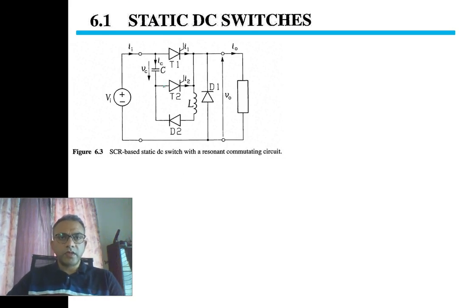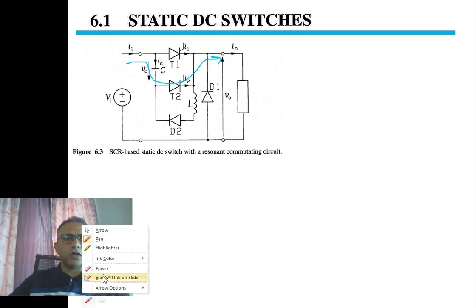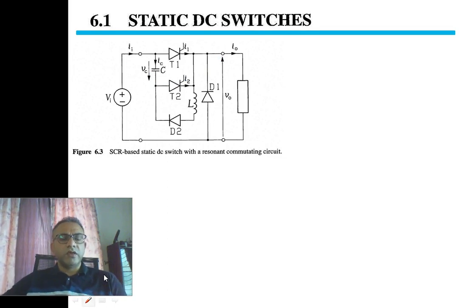While we are bypassing, the main current is flowing through T2. Then a question will arise: how will we turn off T2? Because T2 is also a thyristor just like T1. How do we turn off T2 when we want to turn off T1?